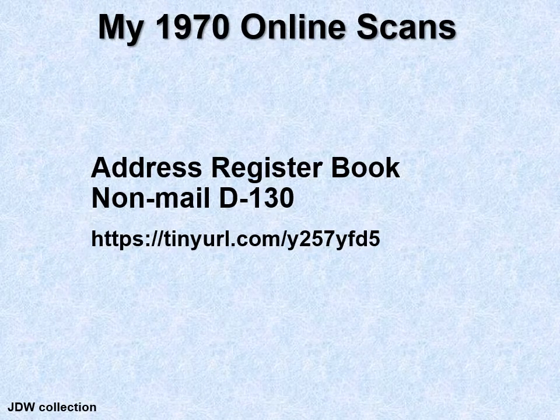And so here is the tiny URL, a small address, which actually leads to a Dropbox account, where you can pick up this address register book for non-mail respondents.